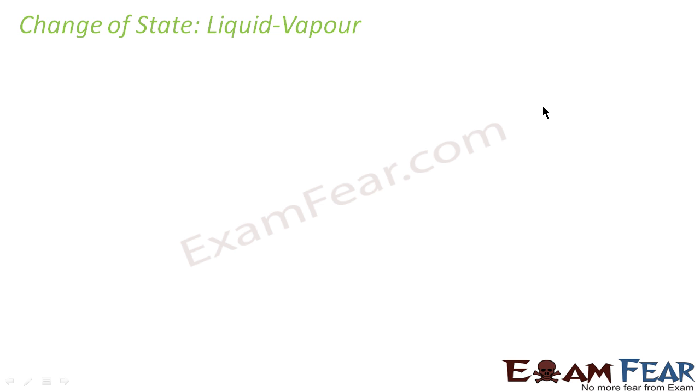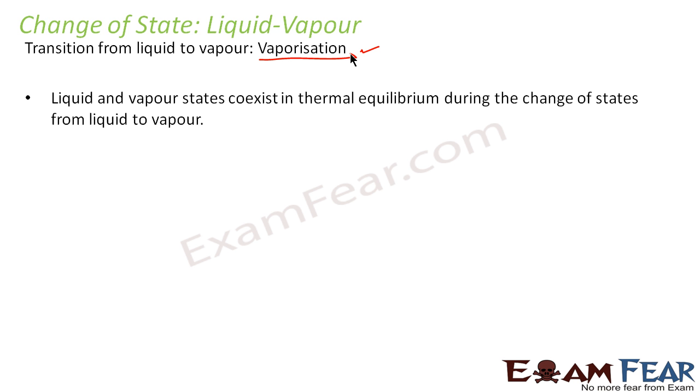Now let us talk about the change of state between liquid and vapor states. Transition from liquid to vapor is known as vaporization. The liquid and vapor states also coexist in thermal equilibrium during change of states from liquid to vapor. So even during vaporization, there is a certain point when the liquid and the vapor states exist together.